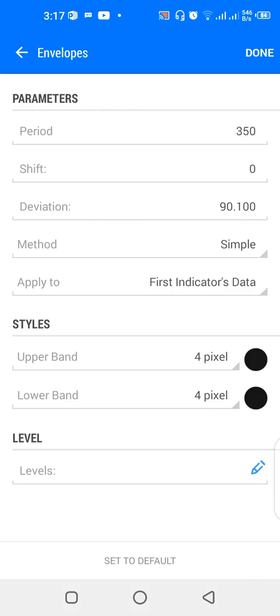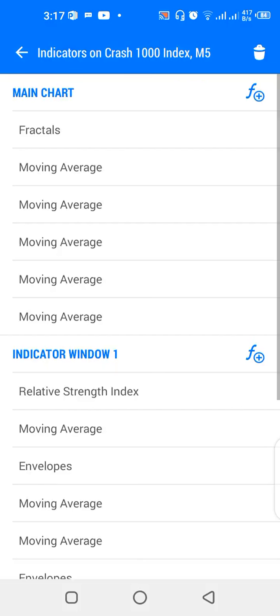Then we have envelopes, period is 350, and the shift is 0. Deviation is 0.10. Method is simple, apply to high, and the upper band and the lower band color is black.